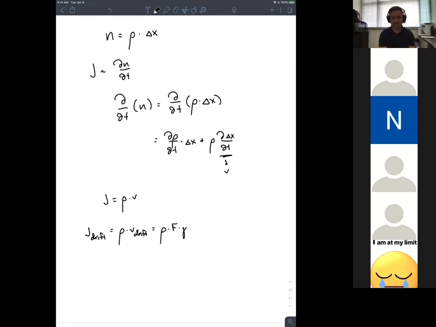And now it turns out that that's correct. All right, so this is what we're going to use for the drift flux. All right, cool.